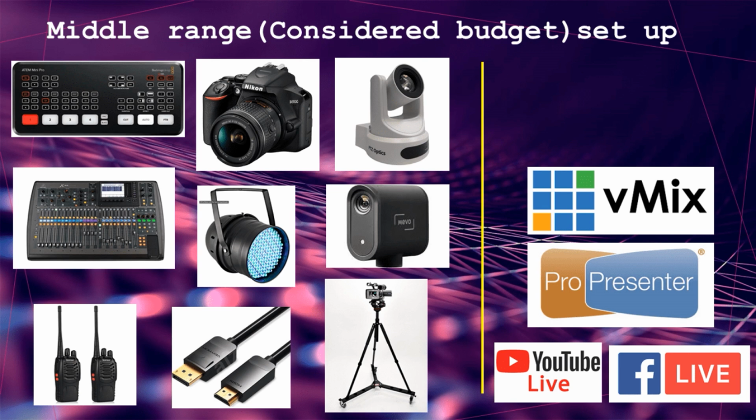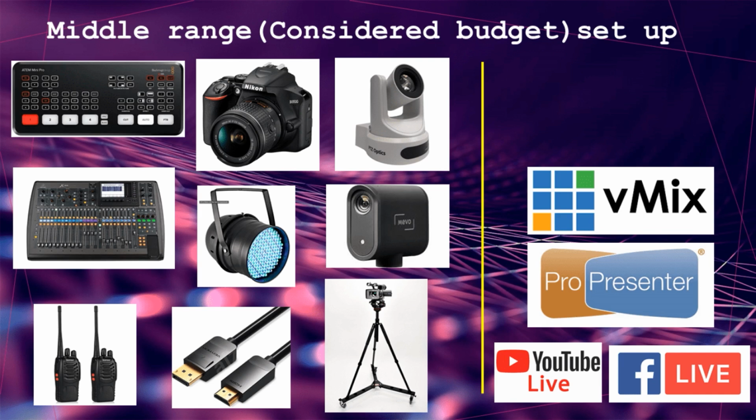It's got HDMI inputs, which you can see HDMI cables there, and you can take an HDMI signal out of these devices, be it a camera or a computer, straight into this device. And then this device is really good because it goes straight. You don't even need to set up OBS or anything in between. It will go straight to Facebook or YouTube or whatever. So it's a really, really helpful little device that's got so much capability.